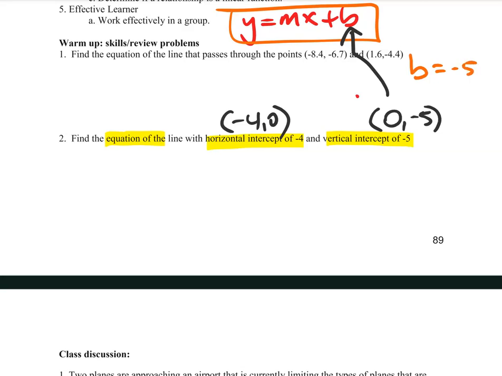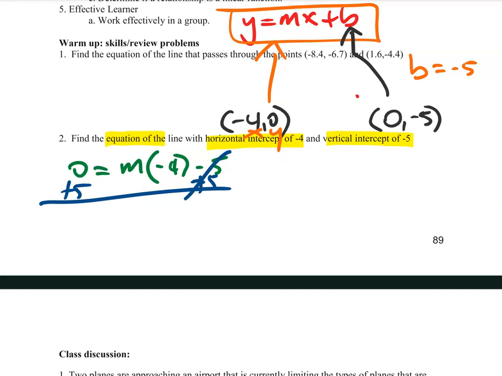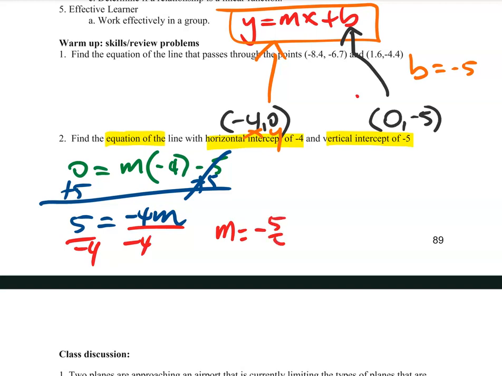Now how do we find the equation of the line? So we can use this other point, x y, plug in that here with your b to solve for m. So y is 0 equals m times negative 4, b is negative 5. If we add 5 to both sides, so this 5 equals negative 4m, then divide by negative 4, so m is negative 5/4.